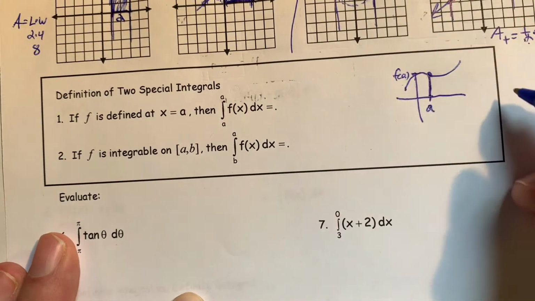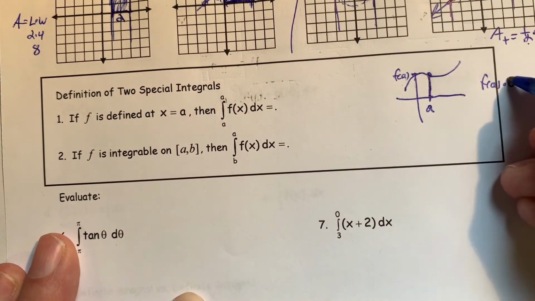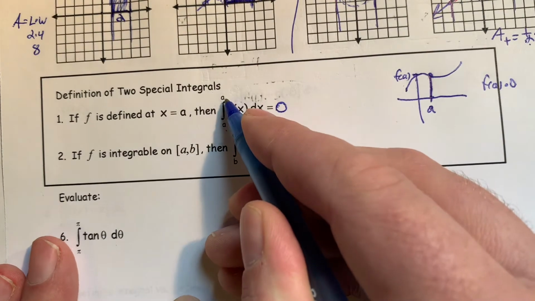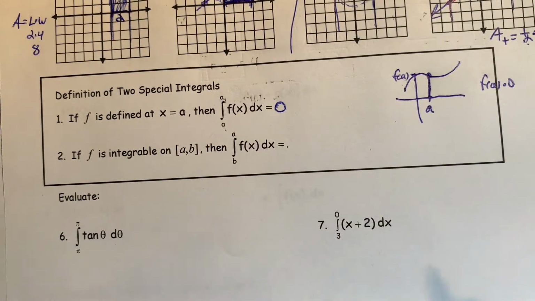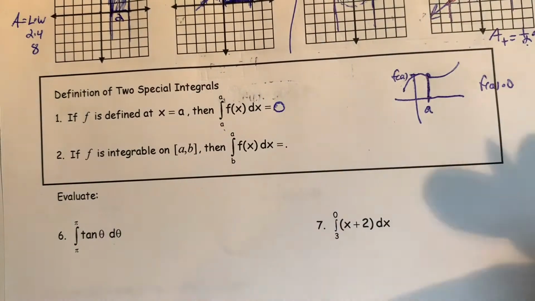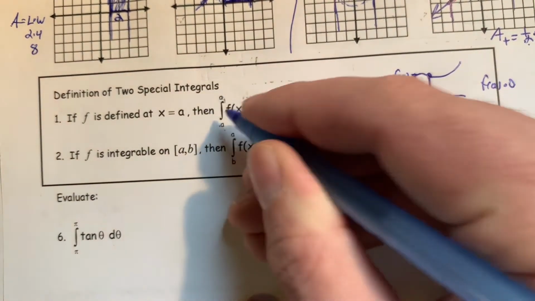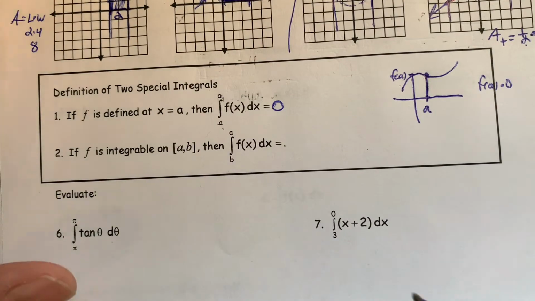So it's f of A times 0, and so this always has an area of 0. If you go from the same thing to the same thing, you're not going anywhere, and so there's no area. So if you go from A to the same number, it will be 0.